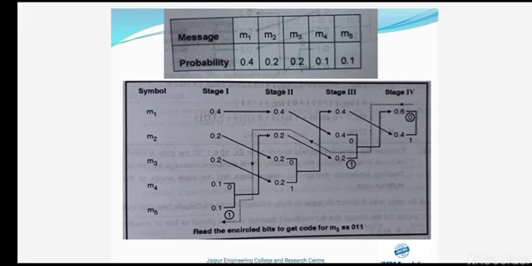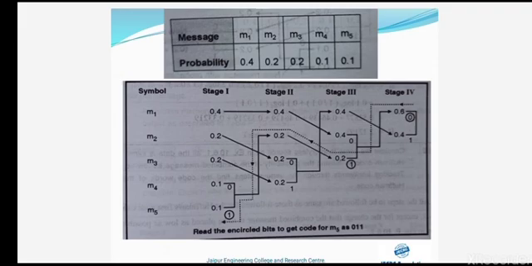You can see that we start from stage 4, 0.6 to 0.2, 0.2, 0.1. This means the path which we followed in the starting points to arrange the probabilities. Now for the coding part, we move backward from stage 4 to stage 1 to find the code.